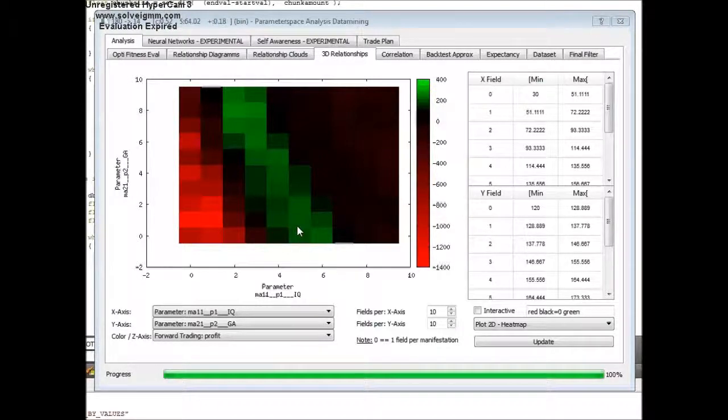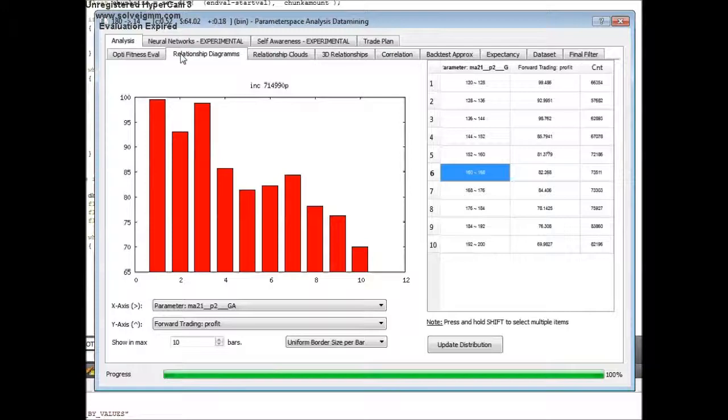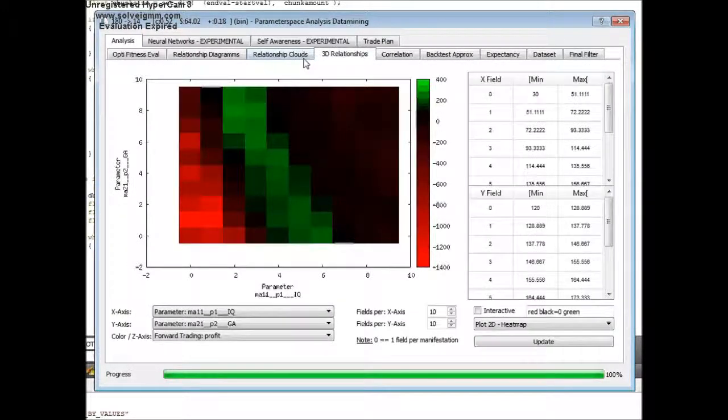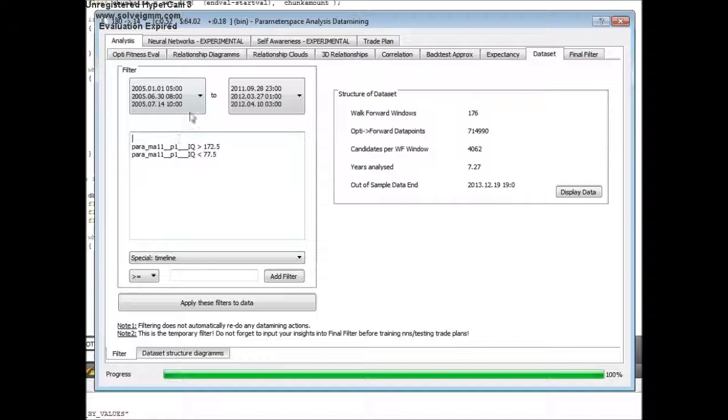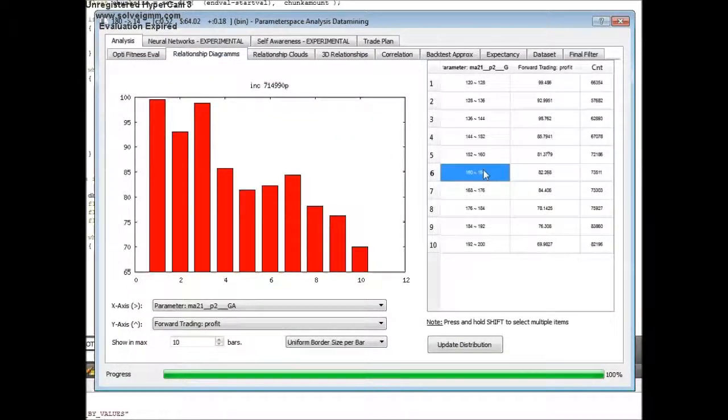So small one for the slow, and the middle for the fast one, because when we viewed them on their own, these were their optimums. So we already have the filter for the fast one here. Now let's also add the filter for the slow one.